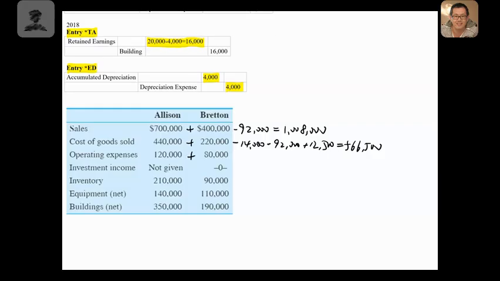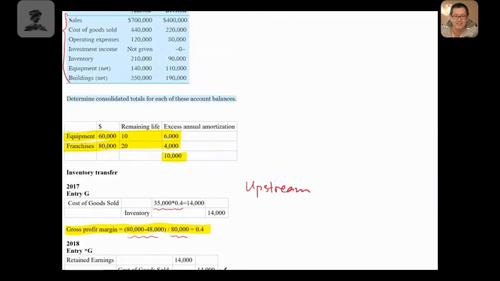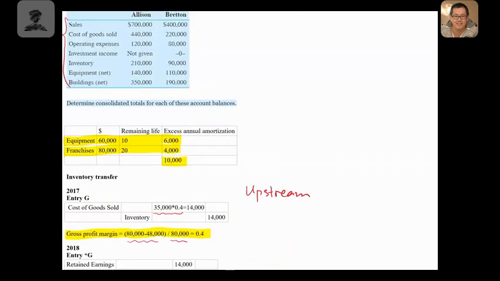Next one, operating expense. Operating expense should equal its current book amount, minus this entry star ED's excess depreciation expense of 4,000. There's one more adjustment related to the excess annual amortization expense, and for them that's going to increase our annual amortization expense, so we need to plus 10,000 over here.